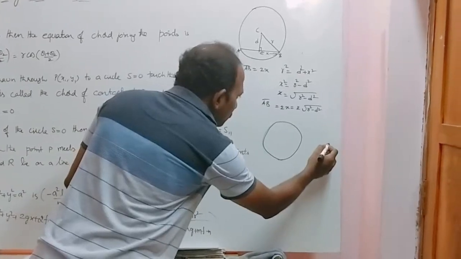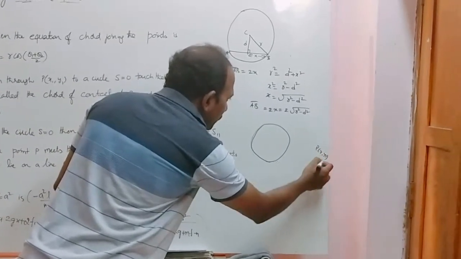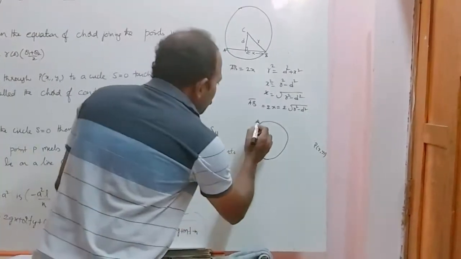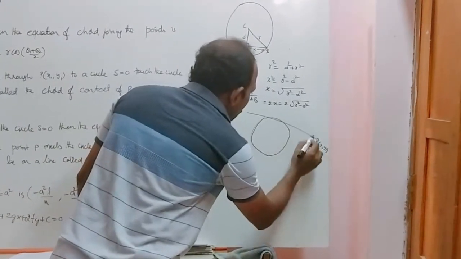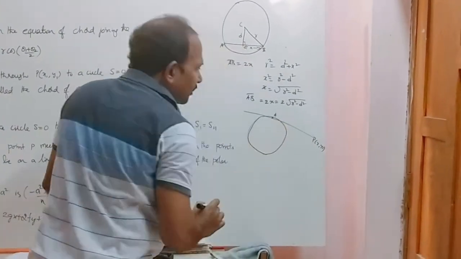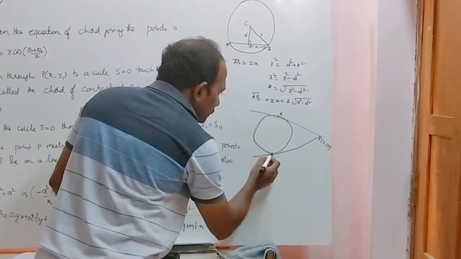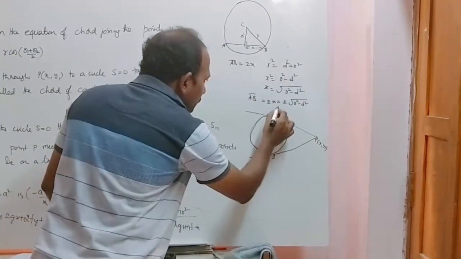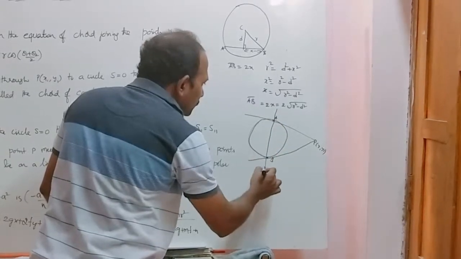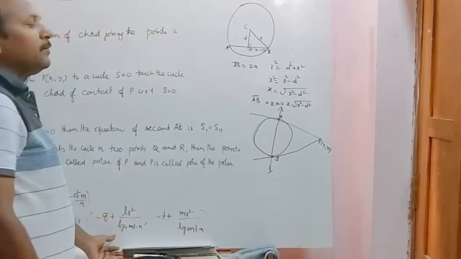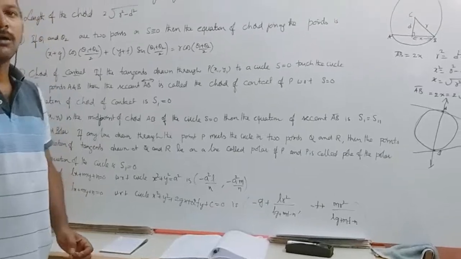Let us draw two tangents from this external point, so here A is the point of contact of one tangent, and here B. Then this secant passing through A and B is called the chord of contact.